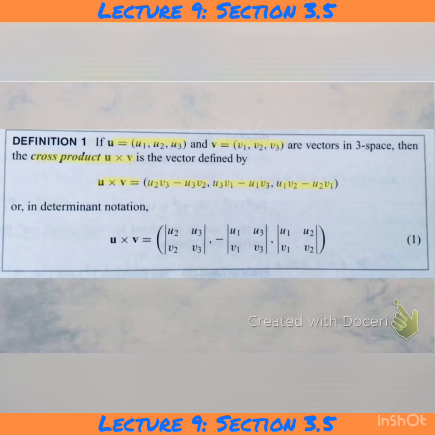In terms of determinant notation, you can write u cross v as a vector with x component the determinant of that 2 by 2 matrix, y component the minus of the determinant of that 2 by 2 matrix, and the z component the determinant of that 2 by 2 matrix. So what are the uses of the cross product? Well, we will establish this in the next few minutes.